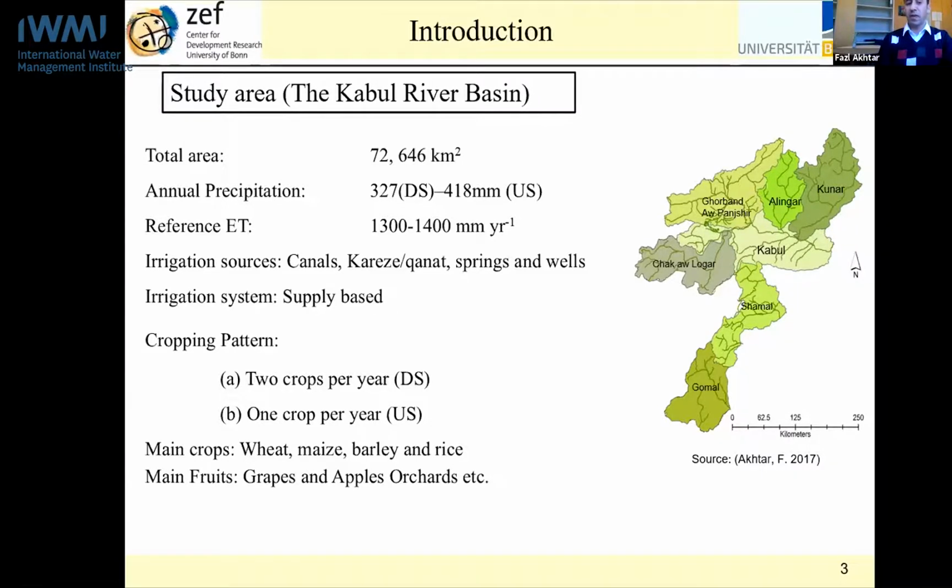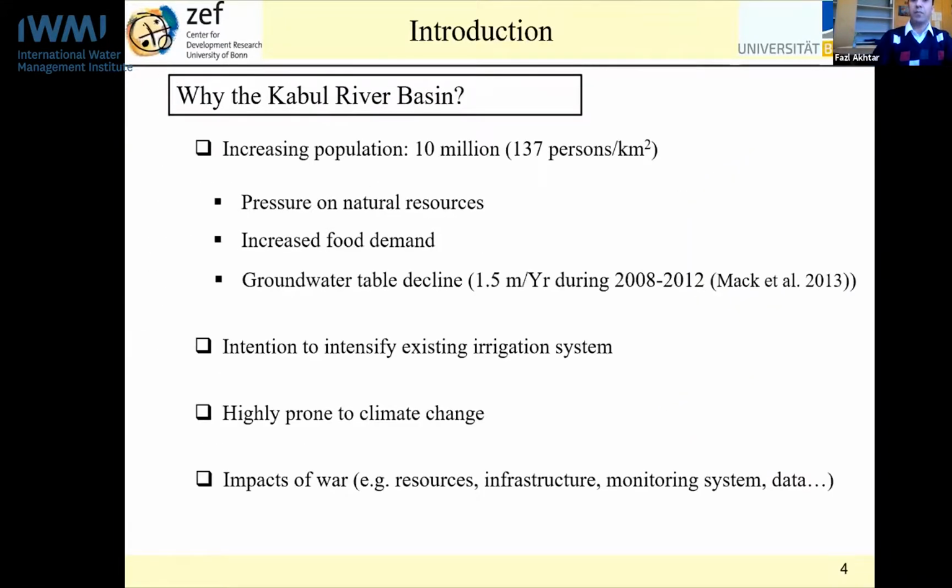The key crops, as I said earlier, are wheat, maize, barley, and rice, while the main fruits produced in the irrigated and rain-fed areas are grapes and apple orchards, and dominantly in the Shamal and Gomal sub-basins, there are pine nuts among the evergreen forests.